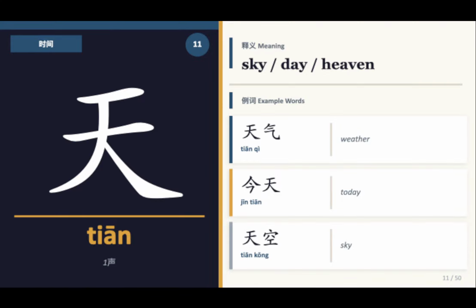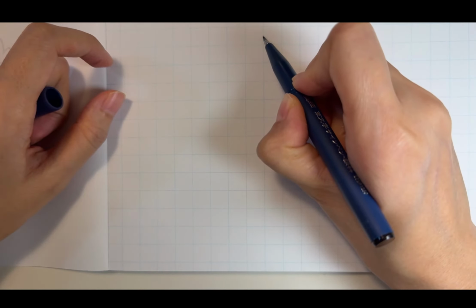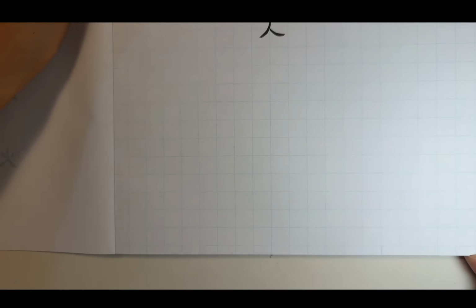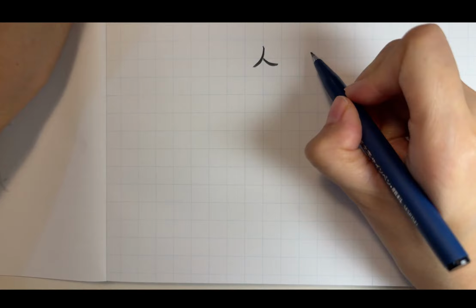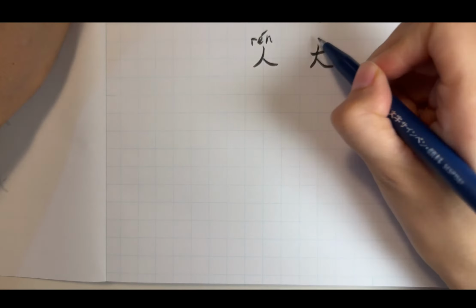So 天空。Let's see how to write the 天。So just now we say 我们有人，对吗？人是这样子的。那么人多一横是什么？人多一横是大。Like 一个人 stretching out his or her arms, so like very big, so that is 大。再多一横就是我们的天。The sky.